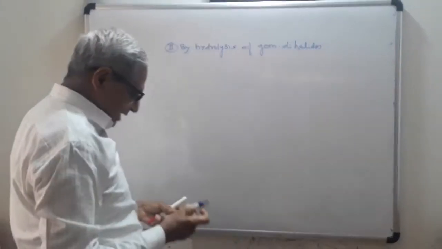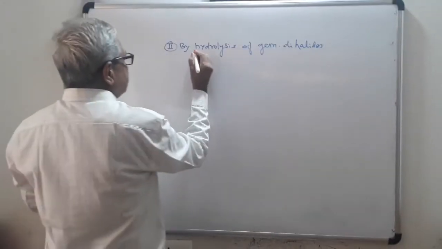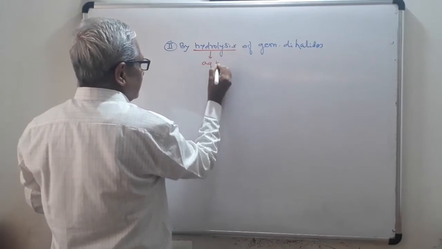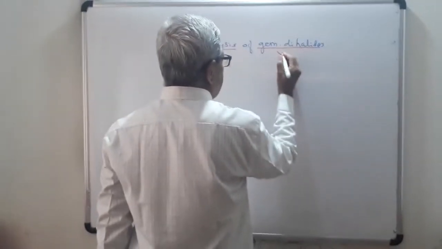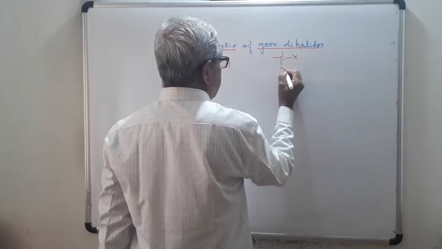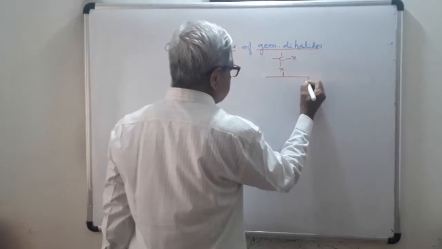Now I will set the question on this title. Here the reagent used for hydrolysis, you can use here aqueous alkalis such as NaOH or KOH. Geminal dihalides indicates that two halogen atoms are attached to the same carbon atom. Geminal dihalides are of two types.